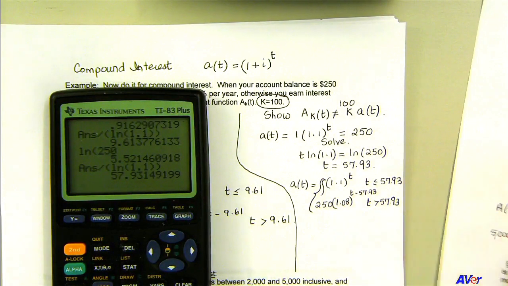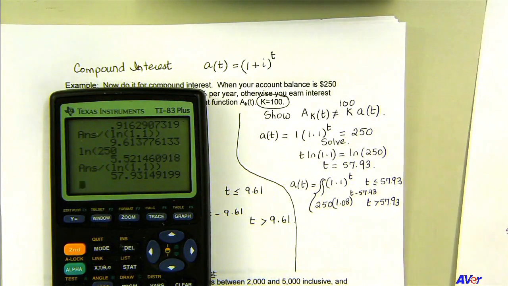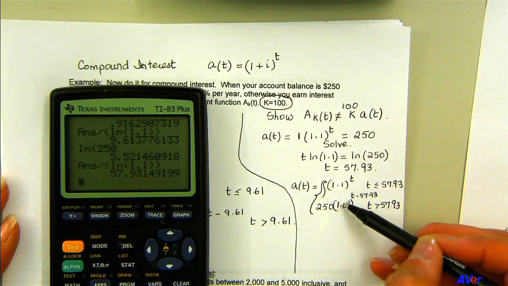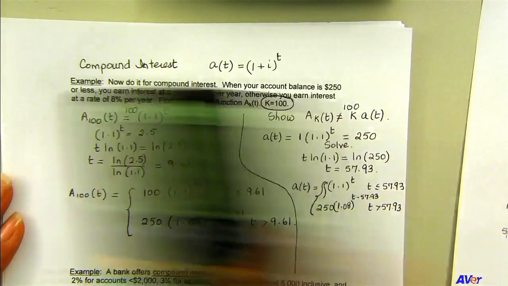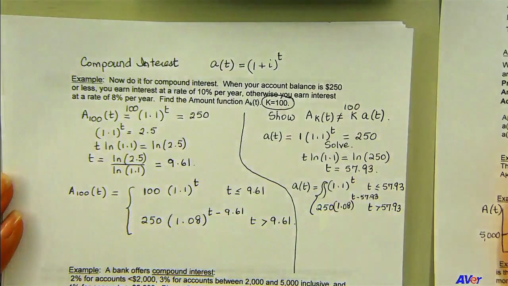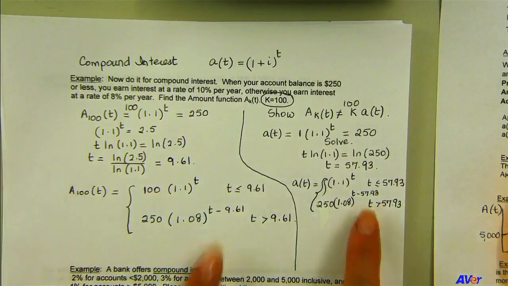Get it? So, is 100 times this function equal to my capital A 100 of t? The answer is no. Look, these are different, right?